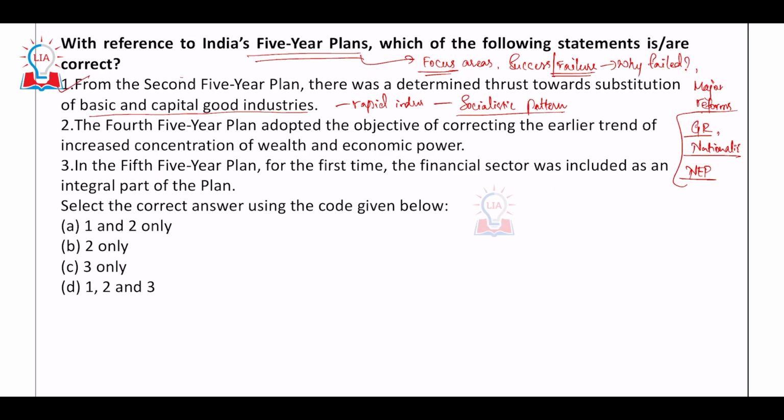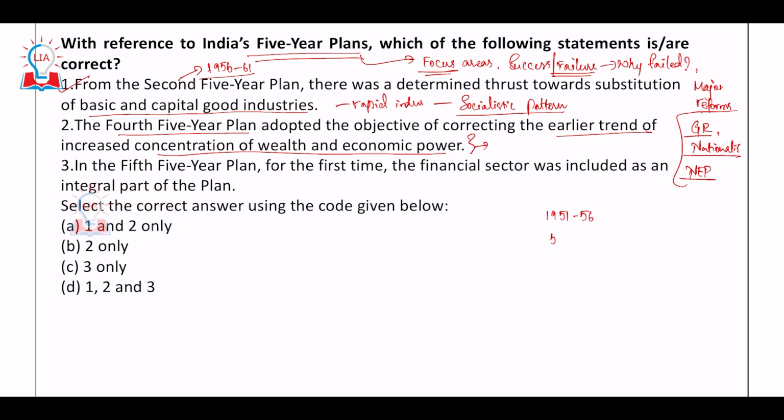So the second 5-year plan would be from 1956 to 61. Okay, the fourth 5-year plan adopted the objective of correcting the earlier trend of increased concentration of wealth and economic power. Whether this is right, you have to remember the context in which this 5-year plan came to the fore. The first 5-year plan was from 1951 to 56.